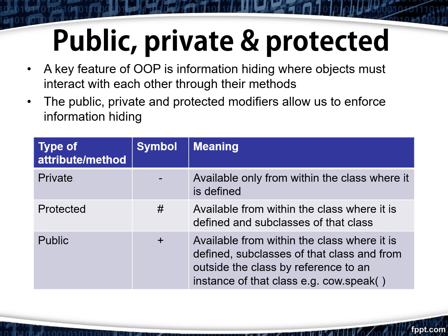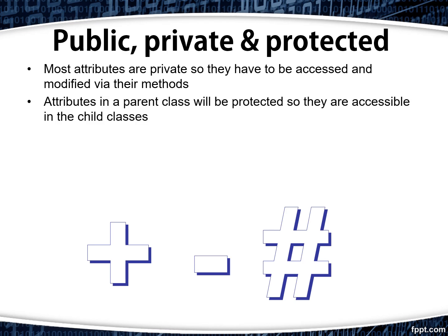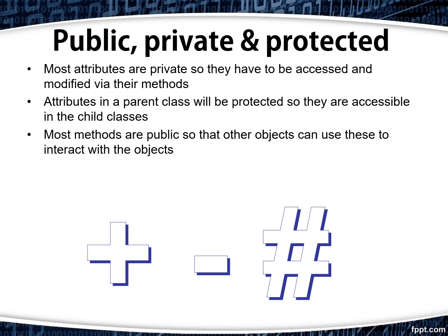In UML diagrams, a public attribute or method will use a symbol of plus. Most attributes are private, so they have to be accessed and modified via their methods. Attributes in a parent class will be protected, so they are also accessible in the child classes. Most methods are public, so that other objects can use these to interact with the objects.